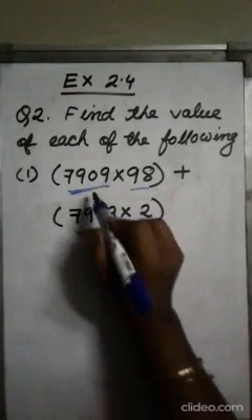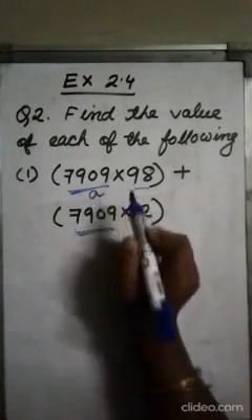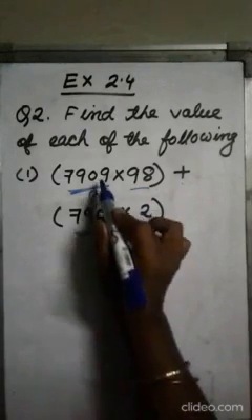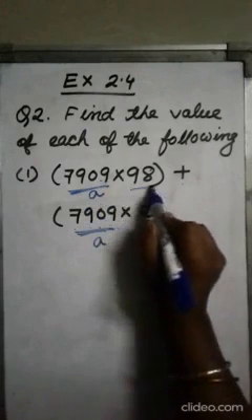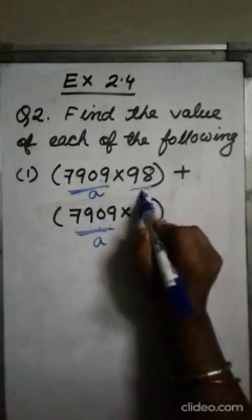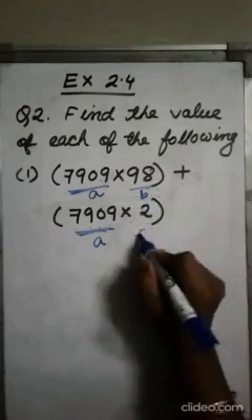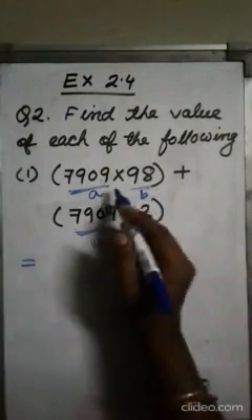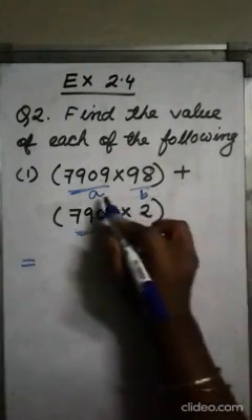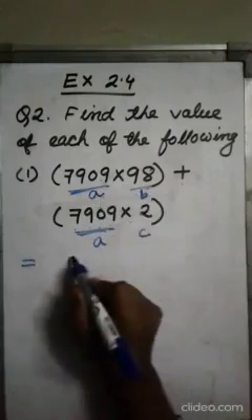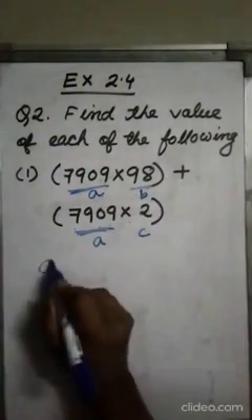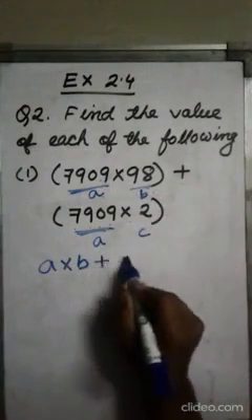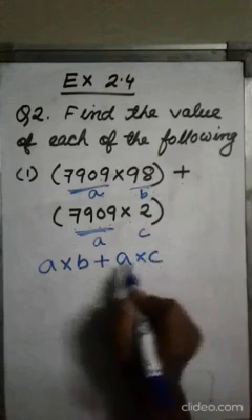So if I give this name A, this will also be A because both are same. 98 is B for us and 2 is C. So it is nothing but A into B plus A into C.